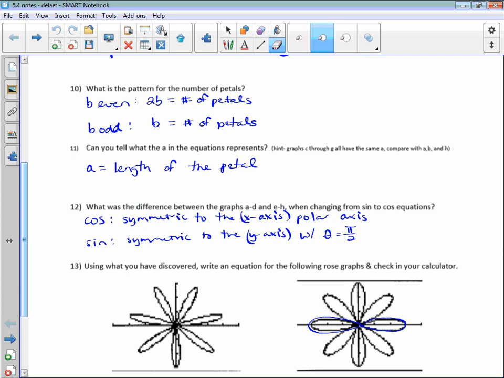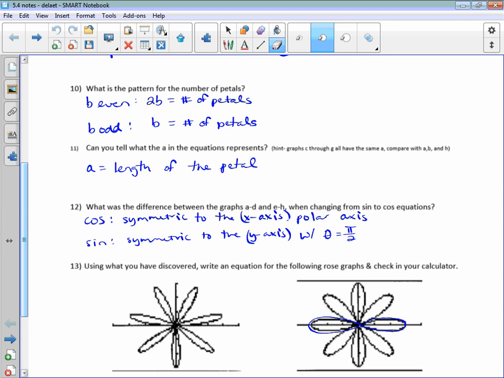Okay. The cosine of pi makes more sense. Okay, so you just have to multiply it by pi.